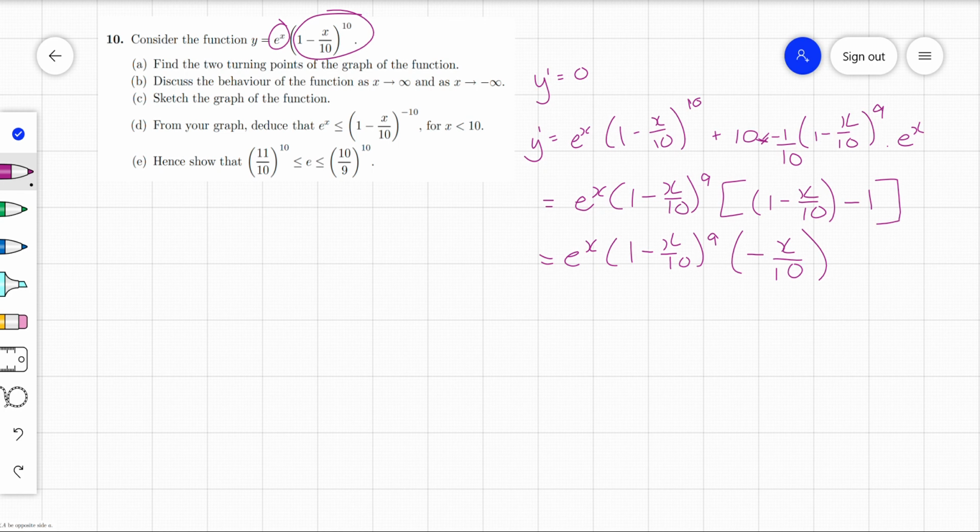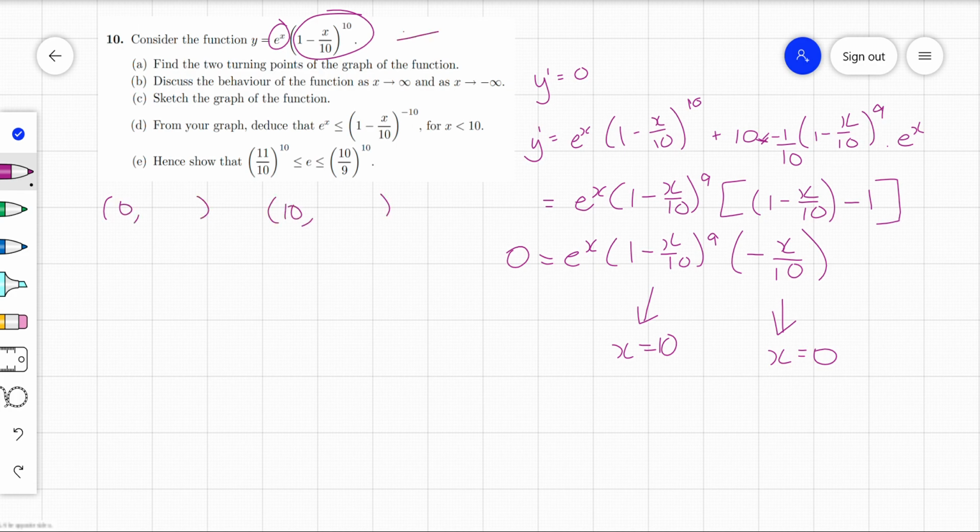If I was setting that to 0, e to the x can't be 0. We already know that. From this bracket, you can see if x is 0, I would get everything is 0. And from this bracket, you can see if x is 10, I would get 0. So these are going to be my stationary points. I'm going to get 0 something and 10 something.